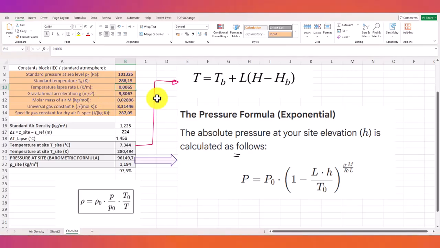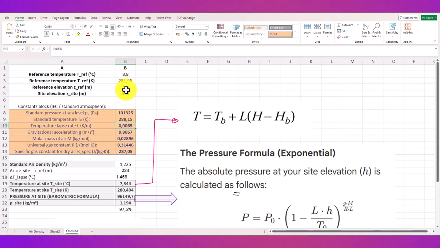For example, here, my reference elevation is 216 meters, and the site elevation at my current site is 440 meters. So I have a measured temperature at the reference site, which is at 216 meters, and the reference temperature there is 8.8 degrees Celsius.